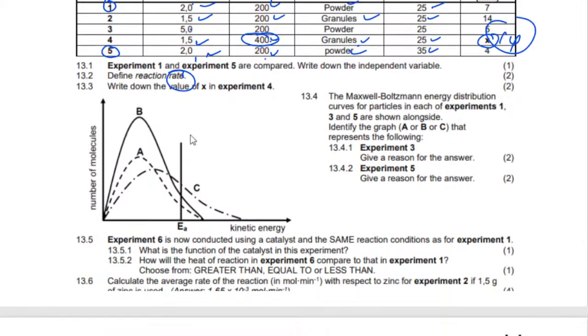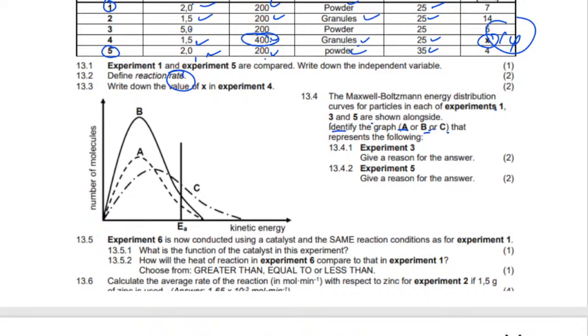Then we go to the next question, which is the Maxwell distribution curve for particles. Experiments 1, 3, and 5 are shown. A, B, and C represent the experiments. So they want you to identify which of A, B, or C represents experiment 3.